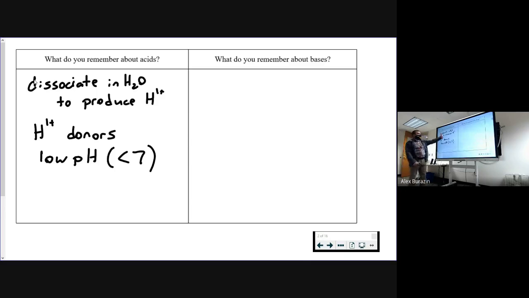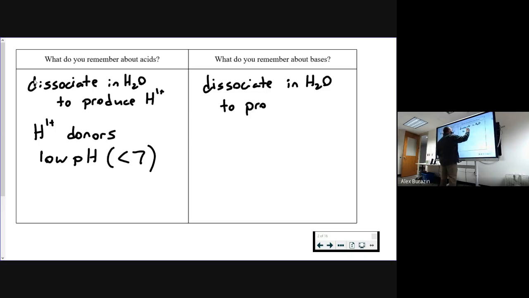Yeah, we can start filling in the opposite of these, right? So why don't we just do that? Acids produce H+. What do bases produce? Yeah, hydroxide. Okay, so they dissociate in water to produce hydroxide.